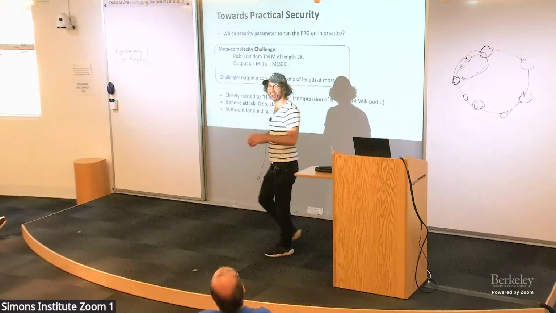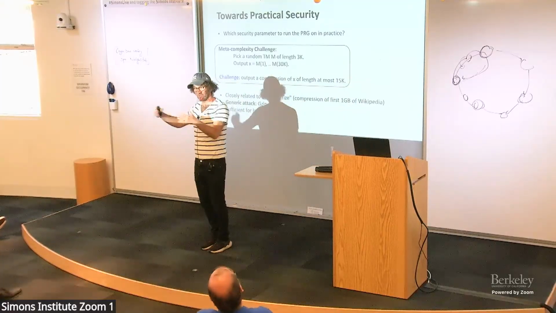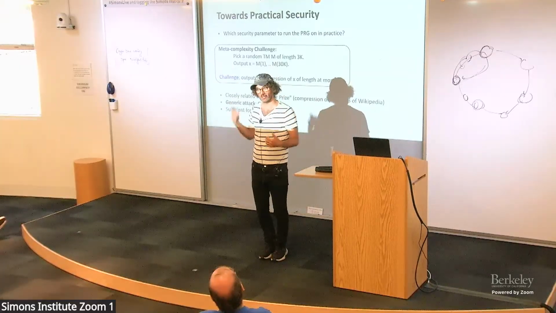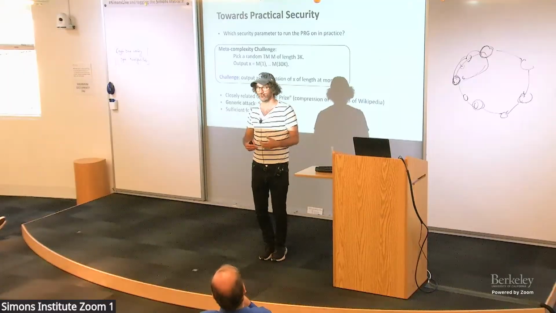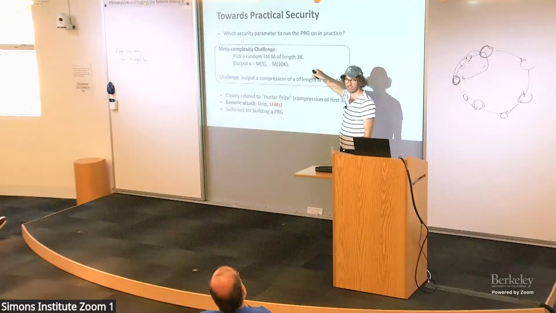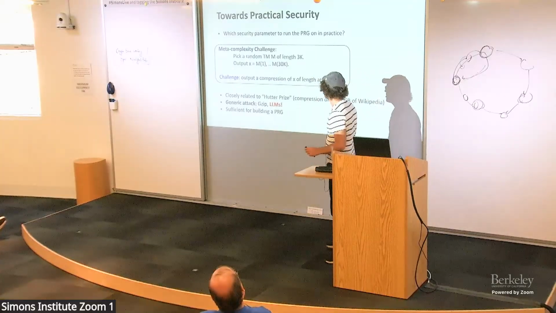Okay, so what I'm saying is that the construction has the property that if you're able to distinguish this PRG from uniform, then you do get an algorithm for compression, right? Or compression of something, okay? The reduction breaks this compression problem. This is access, I can do the same with AES. I run AES of 1.